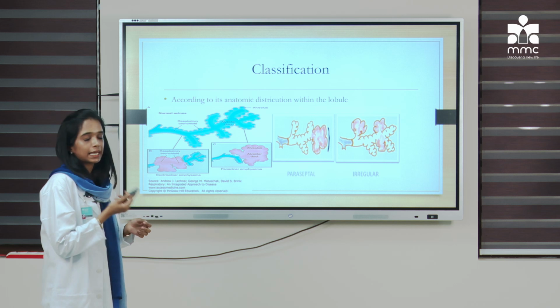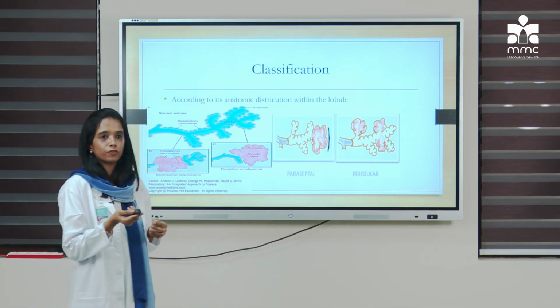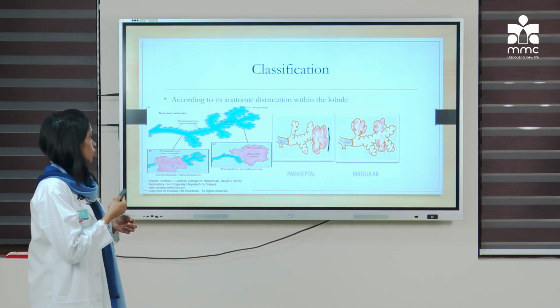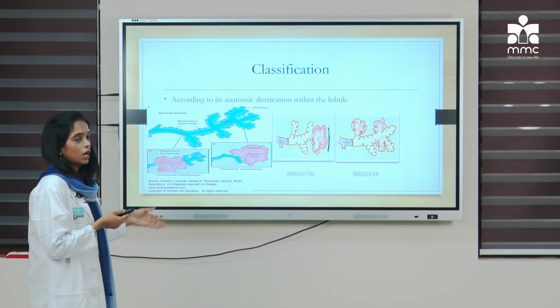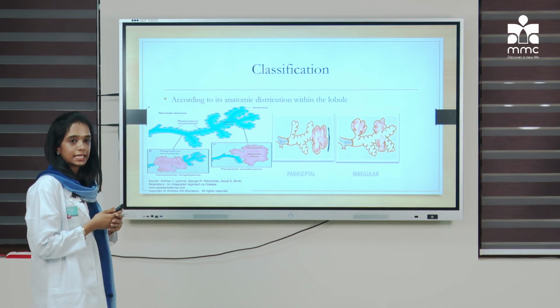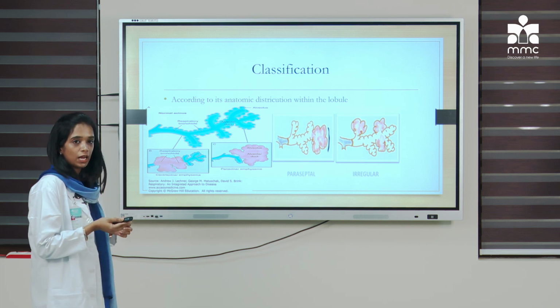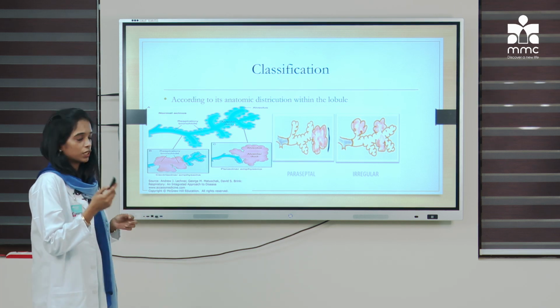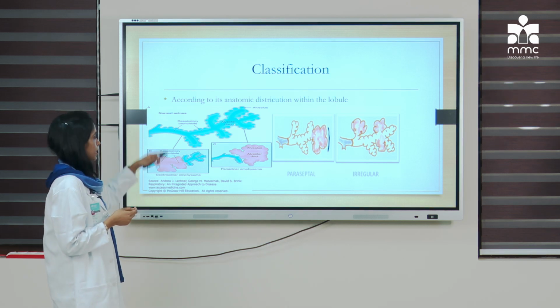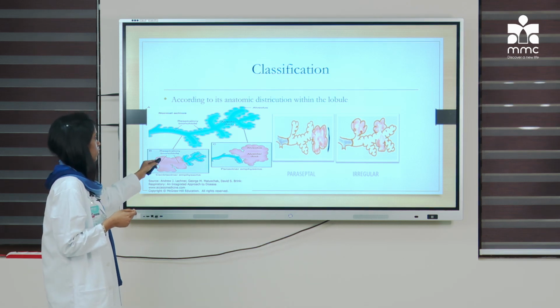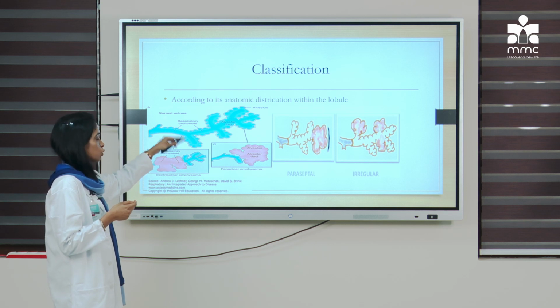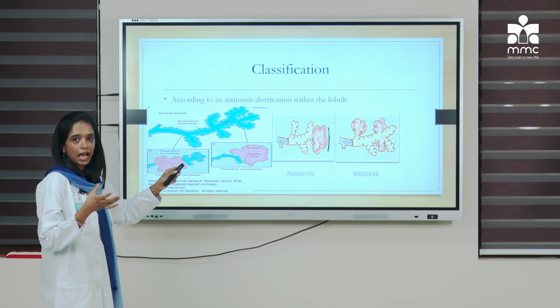We can classify emphysema based upon the anatomical location. Before that, this is the normal acinus, where you can see a terminal bronchiole. After that, we have the respiratory bronchiole, which divides into alveolar ducts and ends as the alveoli.